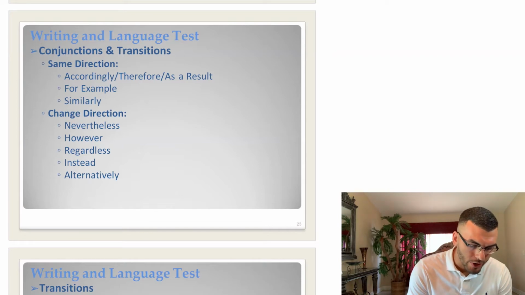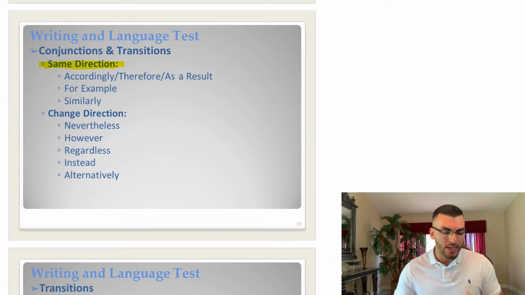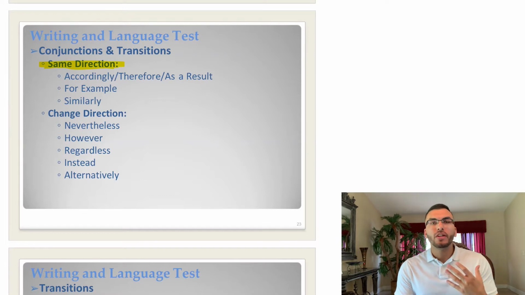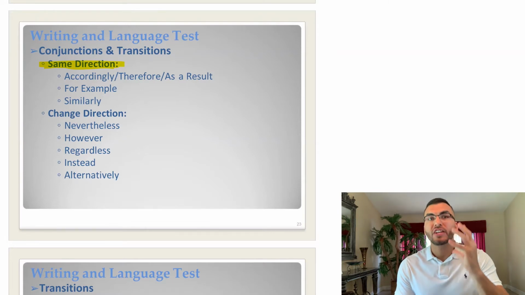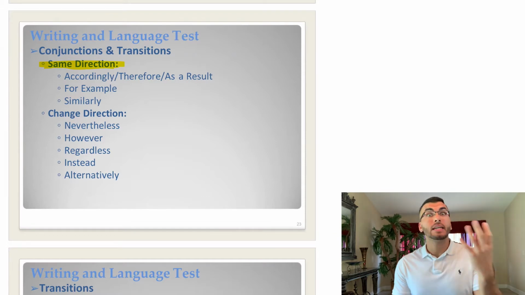So same direction. When the author wants to transition to a new idea that's in the same direction as the previous idea, these are some words. So the easiest simple example I use is if you were to finish my sentence, think of anything you want. Just say something. Finish my sentence. I like her and she has a nice smile.